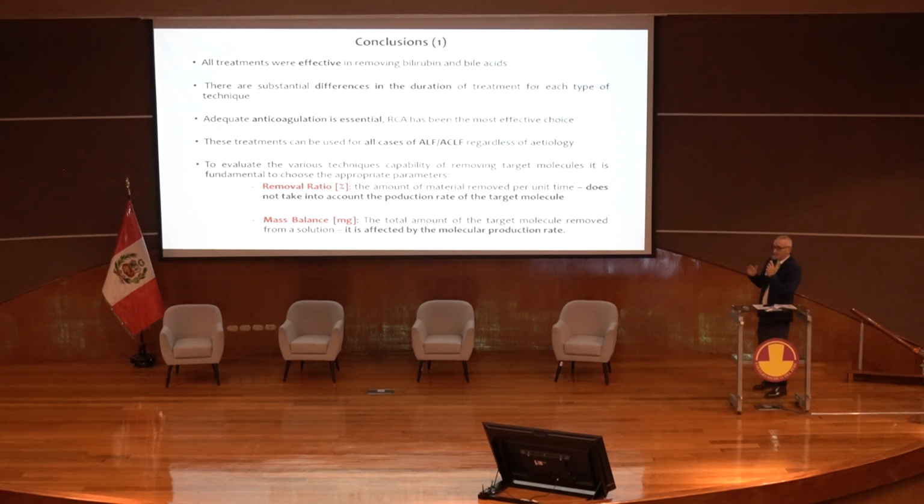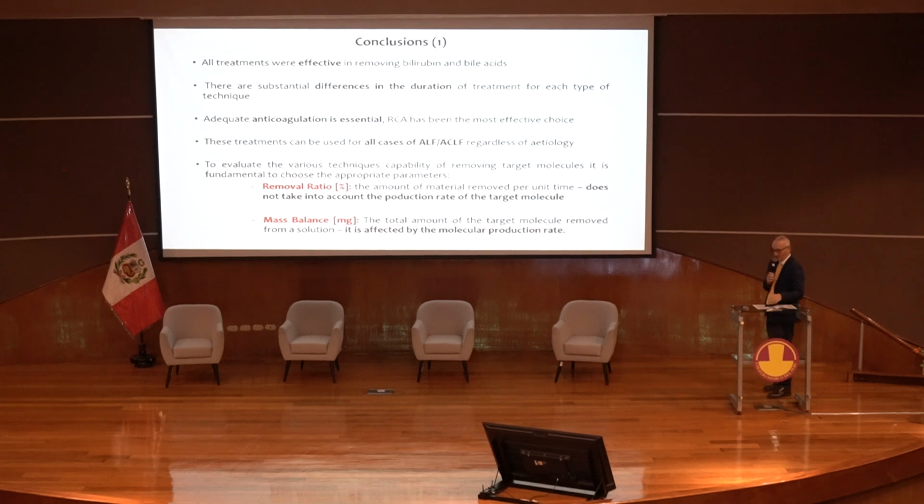So the conclusion: all these treatments are of course effective in removing bilirubin and bile acids. There are substantial differences in the duration of the treatment among all these techniques, of course. Adequate anticoagulation is essential to use this kind of treatment, and the indication is for all liver failure, acute or chronic, pre and post transplantation.